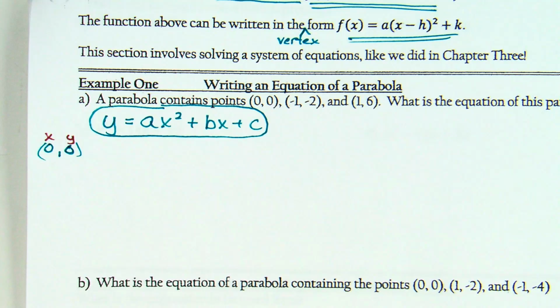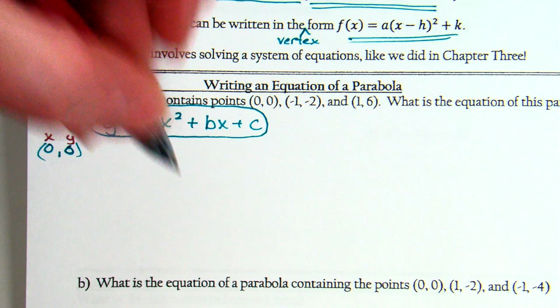Now, (0, 0) actually makes it pretty easy. Every place in this, using this standard form, y equals ax squared plus bx plus c, every place I see an x, I'm going to put in a 0. Every place I see a y, I'm going to put in a 0. And we're going to have a resulting equation.